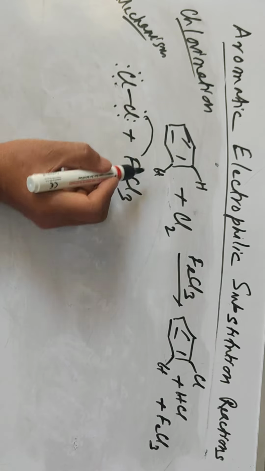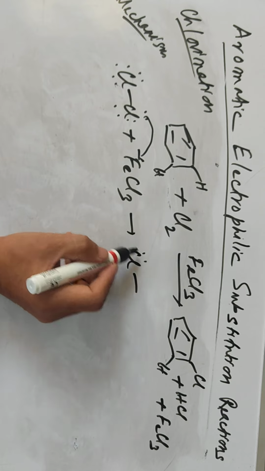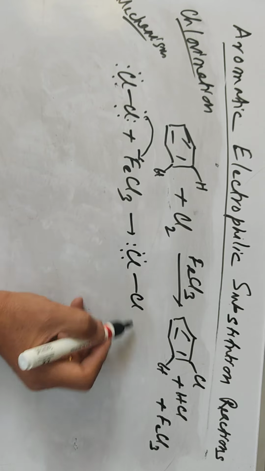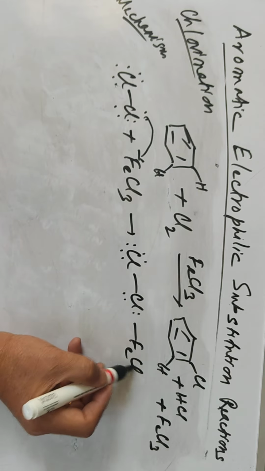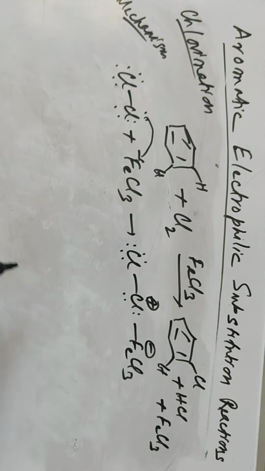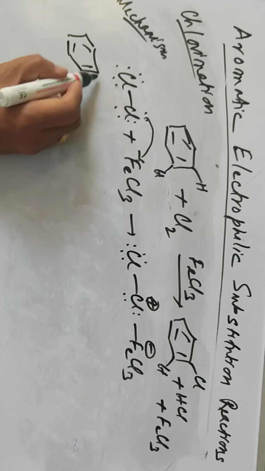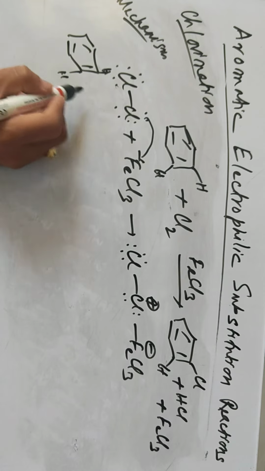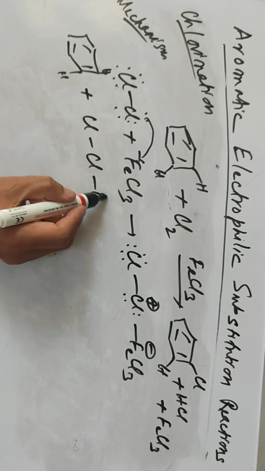Here this chlorine is negative, and the FeCl3 becomes positively charged. Now it becomes negatively charged. Then this complex is attacked by the benzene ring. So let's say hydrogen here, chlorine, and FeCl3.